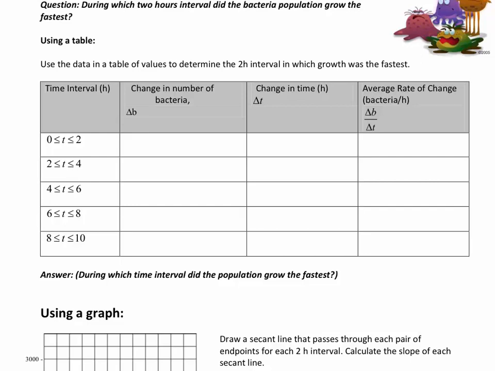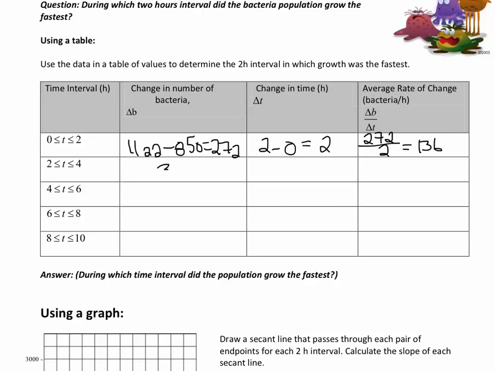So between 0 and 2, we have 1122 minus what we're starting with, 850, which is 272. Our change in time is from 2 hours to 0 hours, or a change of 2. Our rate then would be 272 divided by 2, which is 136 bacteria per hour.